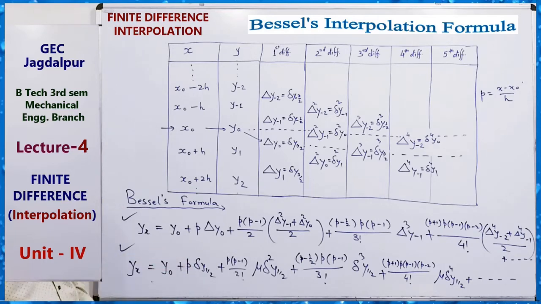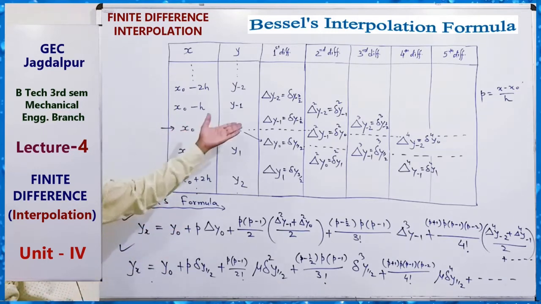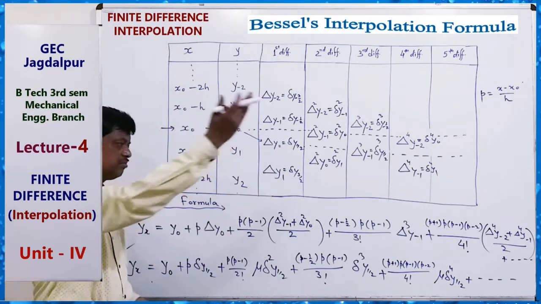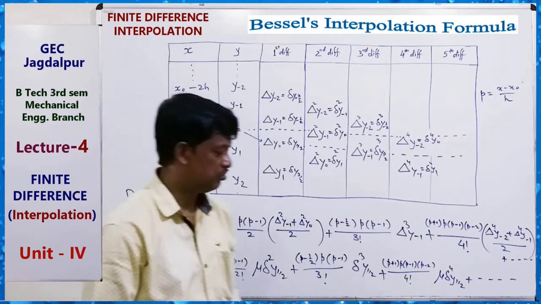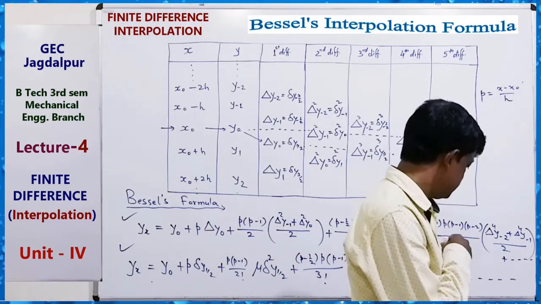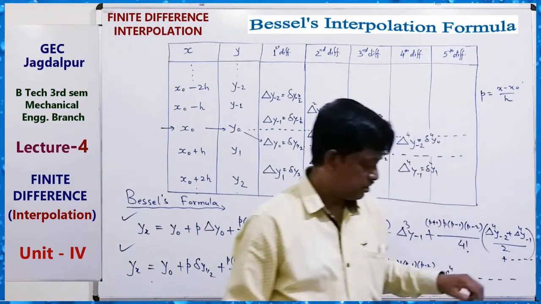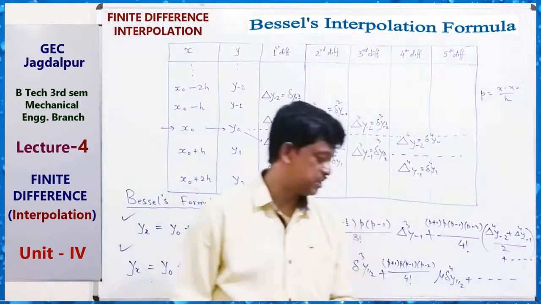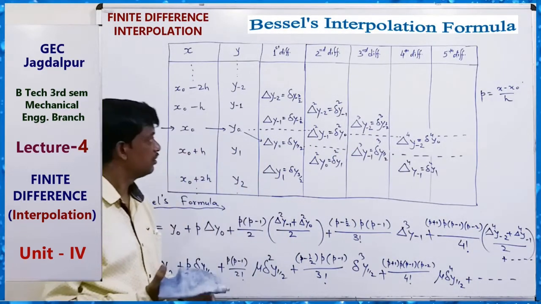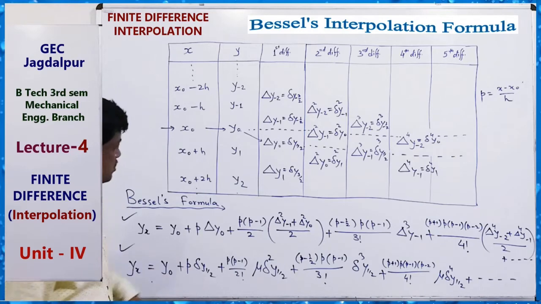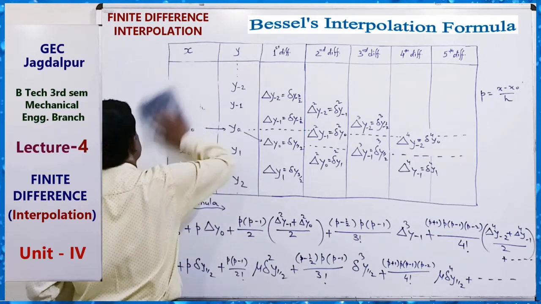And here P can be found by using that formula. P equals x minus x0 by h, and the difference can be found from the table, and you can calculate the required value of the function. Okay, so now we will take some questions related to this formula.